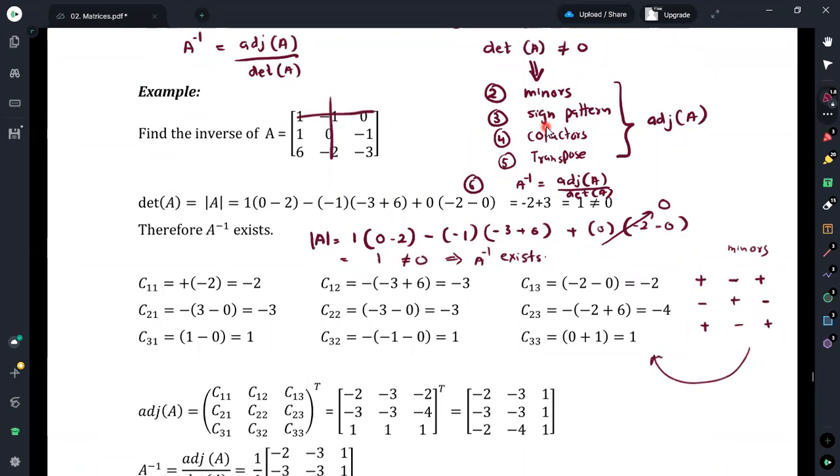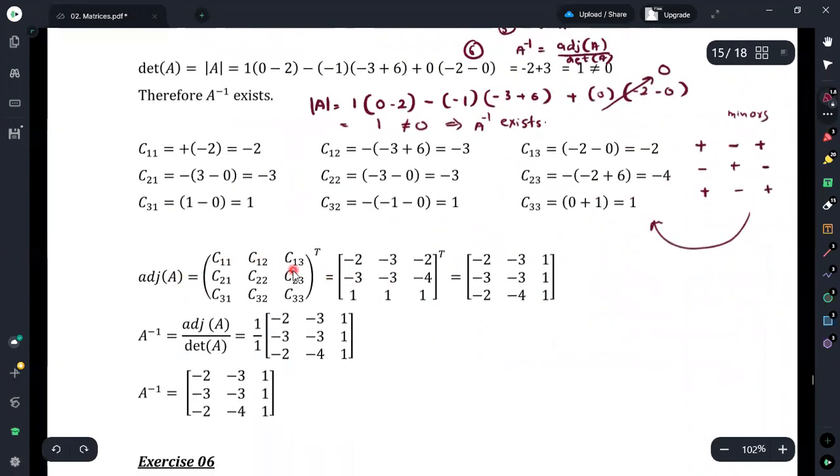The way of obtaining cofactors is mentioned here, and the values obtained are mentioned down here. Now we have to take the transpose of this matrix to obtain the adjoint matrix. In this calculation, you can see that the adjoint matrix is obtained as minus 2 minus 3 1, minus 3 minus 3 1, minus 2 minus 4 and 1.